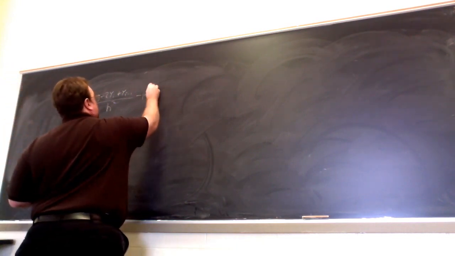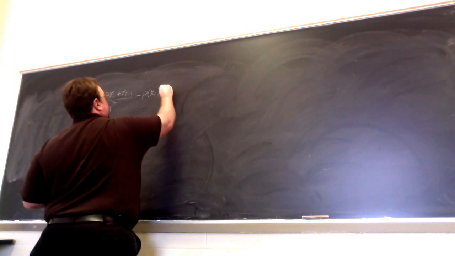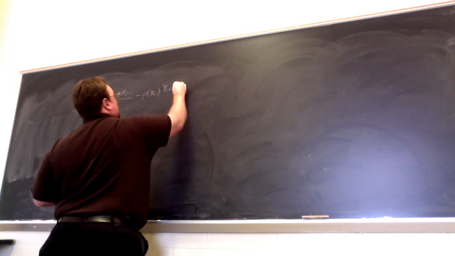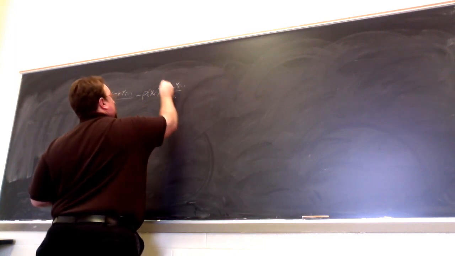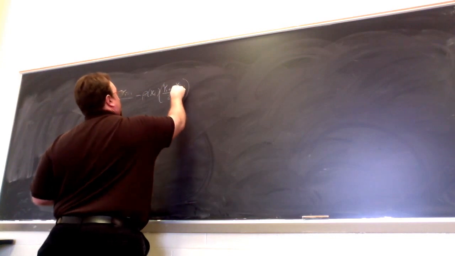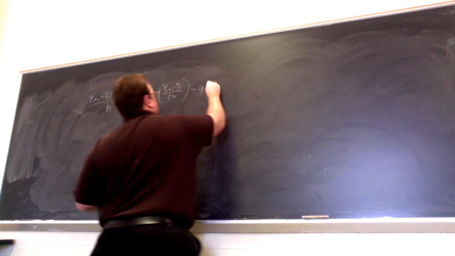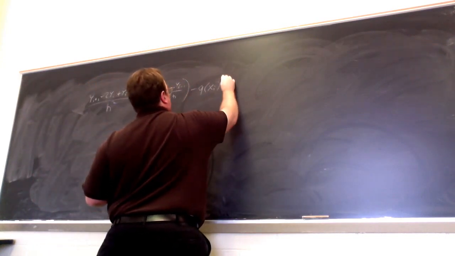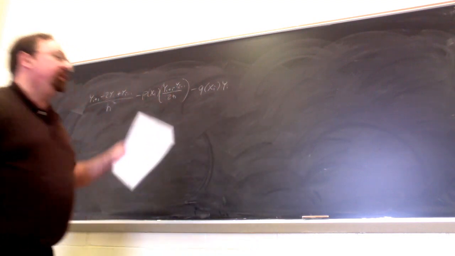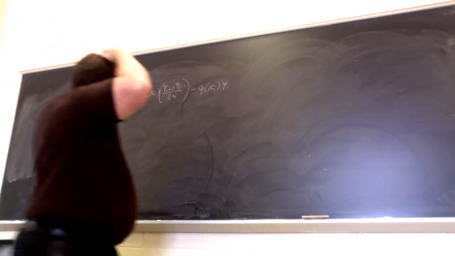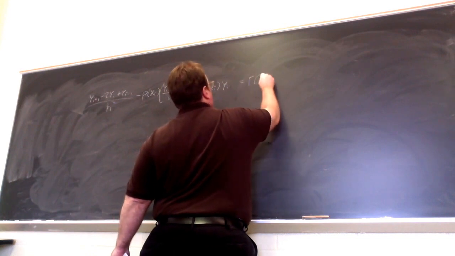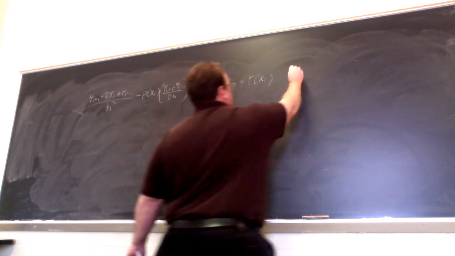Minus p times the first derivative. Minus q of x times y. So I'm moving those terms over to the other side, and that is equal to r. So that's what I have for each equation.